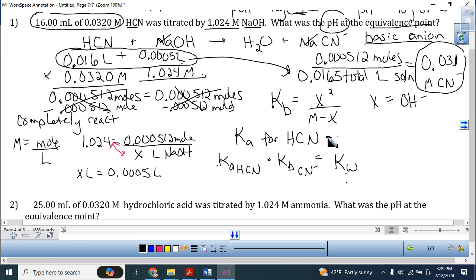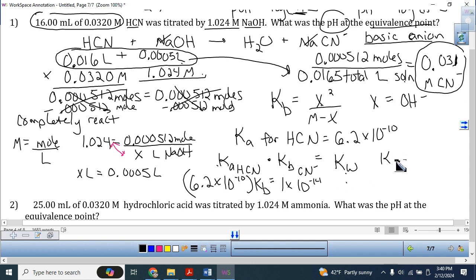So the Ka for HCN is, let's see, where is this? Oh, no, I lied, 6.2 times 10 to the negative 10. So I can take this times my Kb. That's going to give me my Kw, which is 1 times 10 to the negative 14.